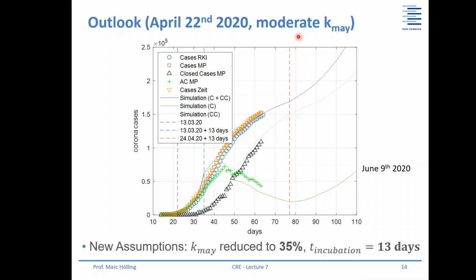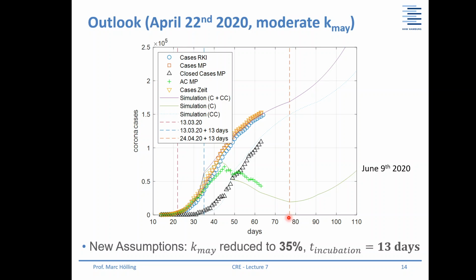Okay, if we start with the moderate reaction rate of 35%, we still keep the incubation period at 13 days. Then the numbers will look like this. Here, it's not really day 80, it's about day 80. Sorry, there was a little mistake on the previous slide.